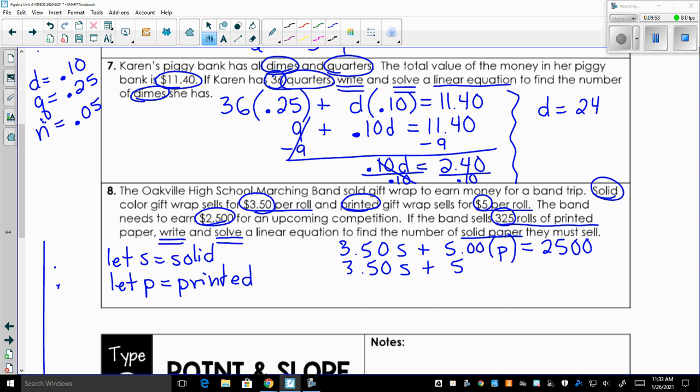So 5 times 325 rolls of printed paper. So 3.50S plus the total amount of money that came in from the printed rolls, which was $1,625, equals $2,500. And we're going to subtract 1,625 from both sides.